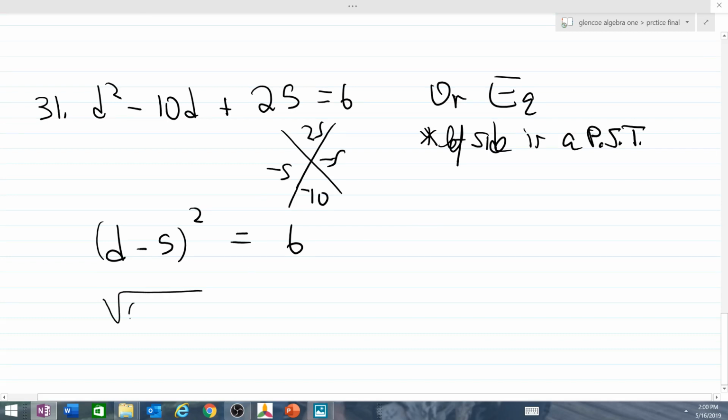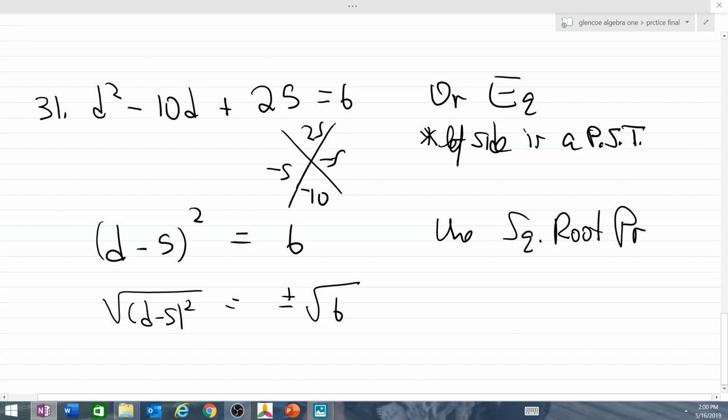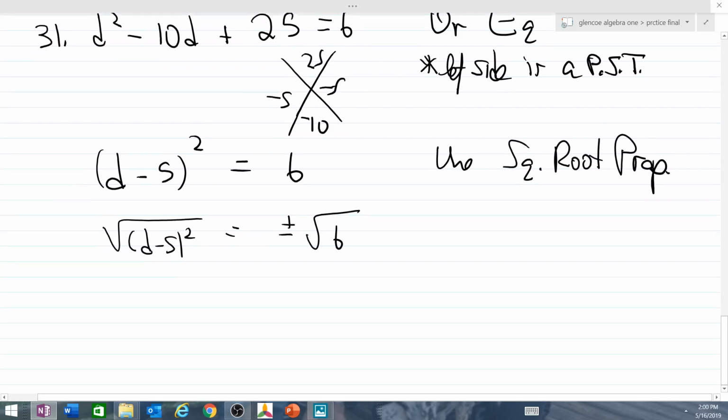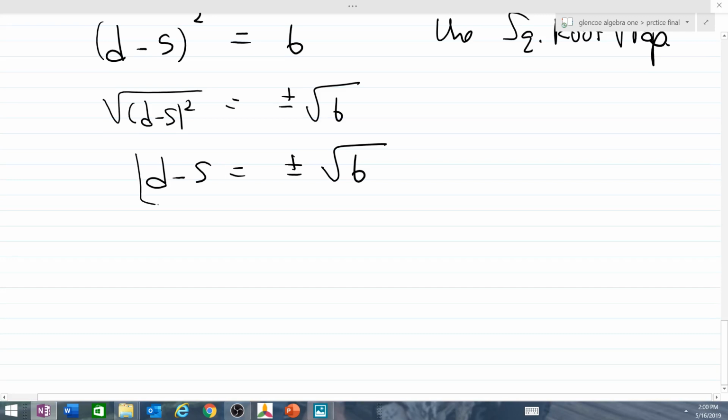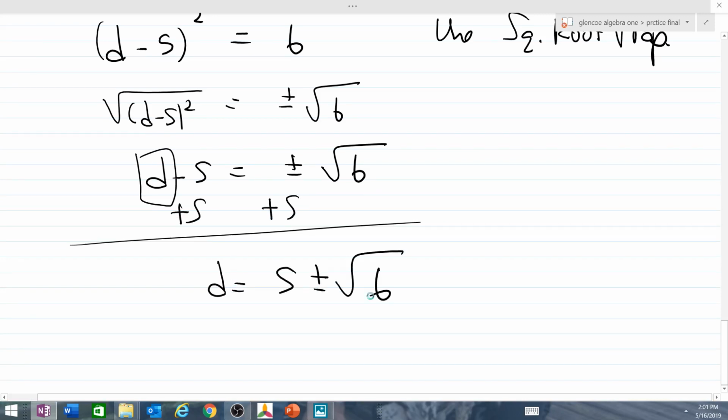Take the square root of each side. And you get d minus 5 equals plus and minus radical 6. You want to solve for d, so you add 5 to each side, and your final answer here is d equals 5 plus and minus radical 6, which happens to be choice B. Personally, I think that's the hardest problem on the exam.